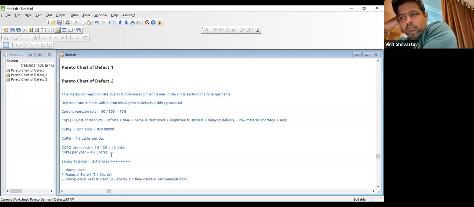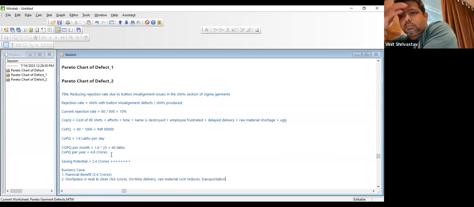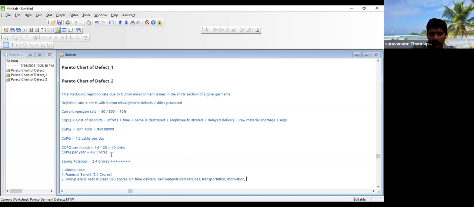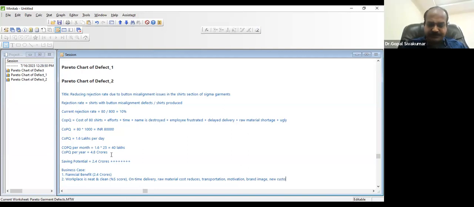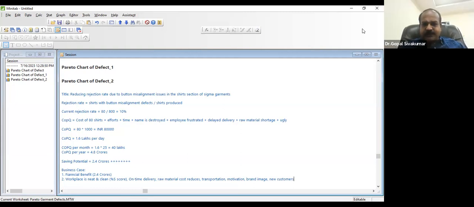Yes, transportation cost will come down. Storage space reduces. Inventory reduces. Employee motivation will be better, and your brand image will improve. So new customers will come. Existing customers will bring new customers because you are always on-time delivery. These are something customers always like. So these are all called non-financial benefits.